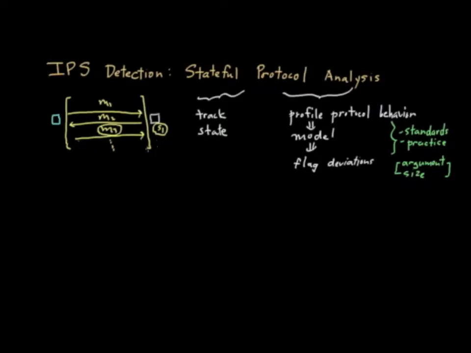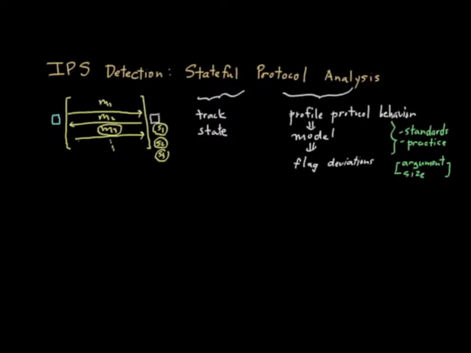What you want to do with stateful protocol analysis is account for not just the messages themselves, but also the different states. You may also want to account for the actual flow, not just a single message being passed from one party to another, but the actual flow of messages being passed back and forth.